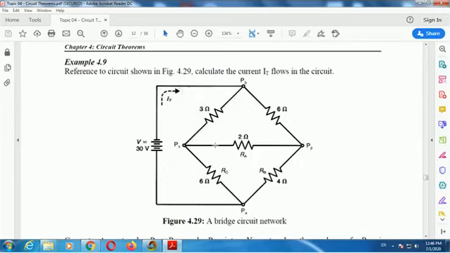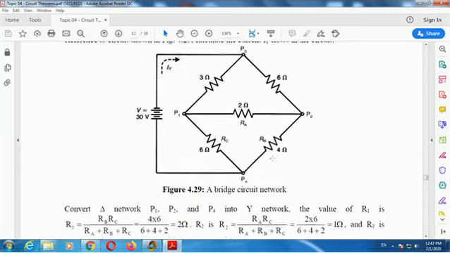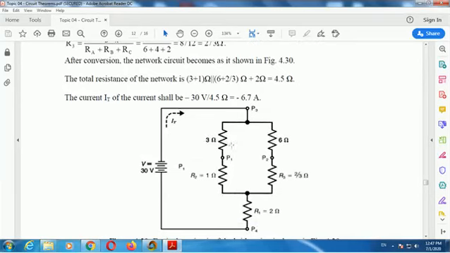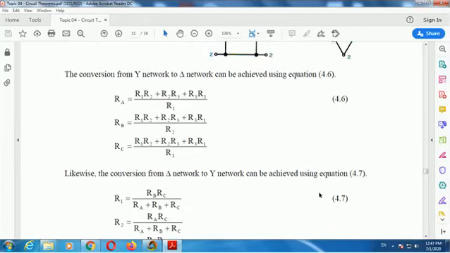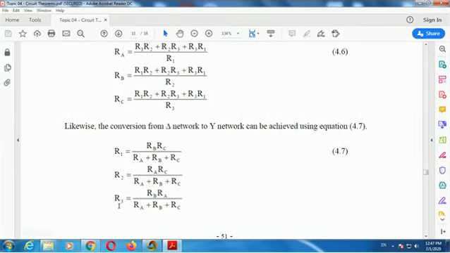But we cannot use the normal series and parallel connections to get the equivalent circuit. So we need to convert this delta to Y using this relation, Equation 4.7, the delta network to Y network.